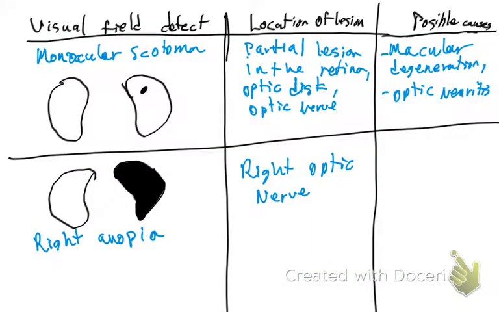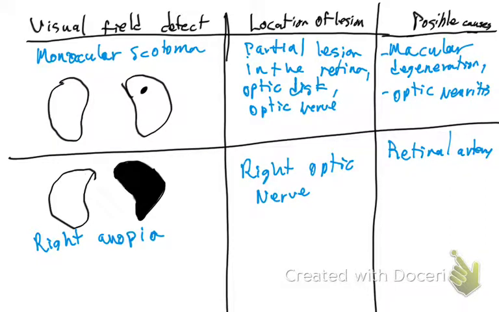So what are the possible causes of this one? The possible causes of this right optic nerve lesion is a retinal artery or central retinal vein occlusion.